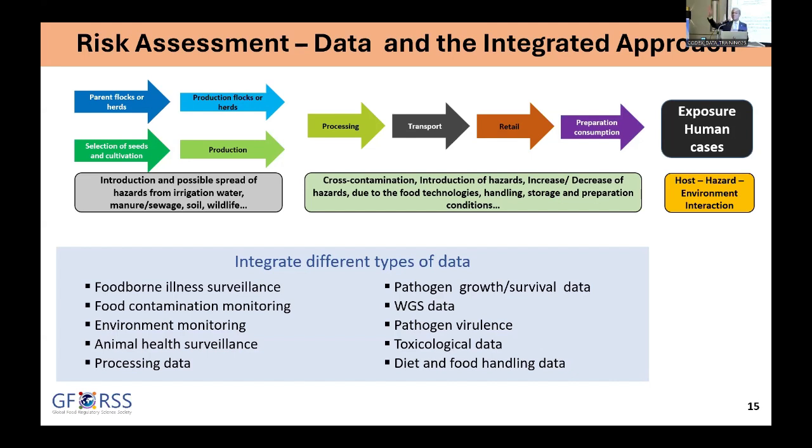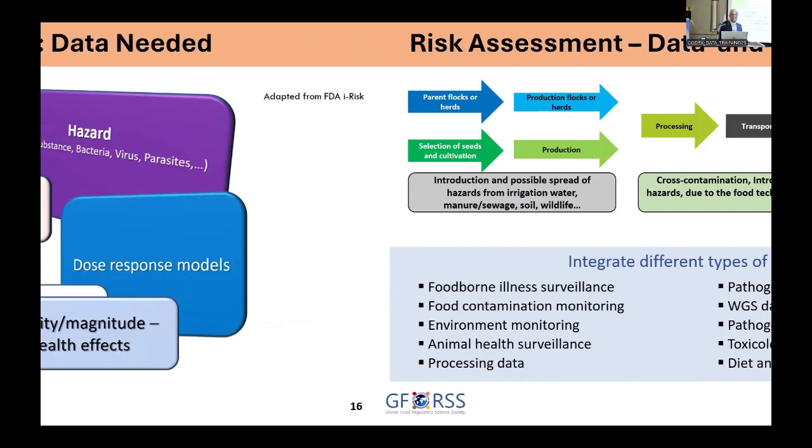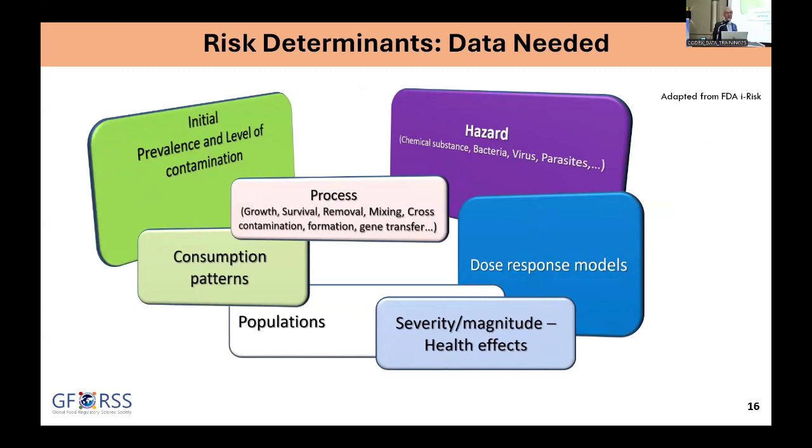You have a second category of data that will inform you on the exposure. What are these data? Occurrence and consumption. Okay, so that's really what informs the data on exposure.